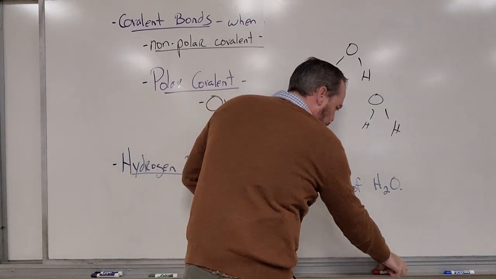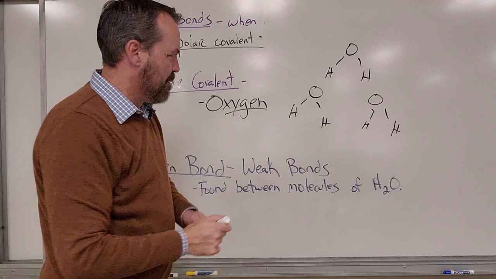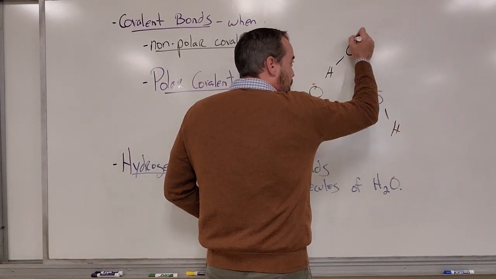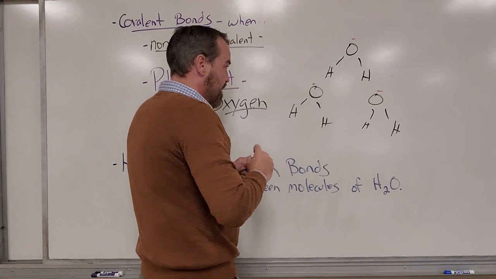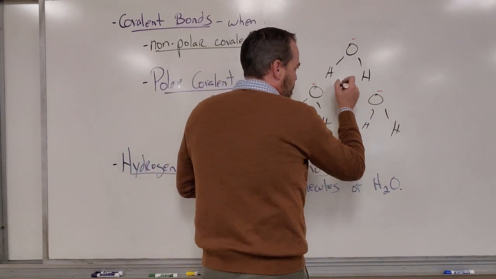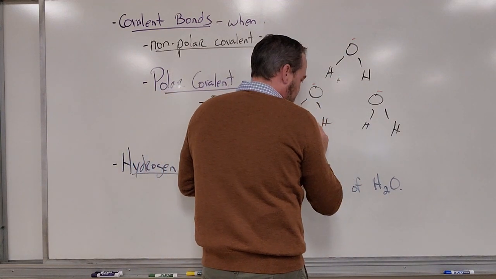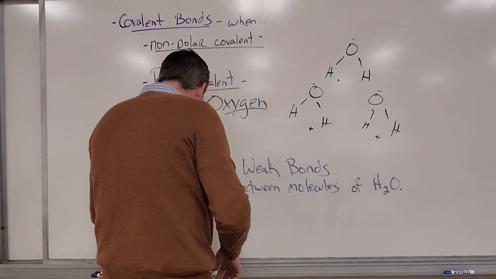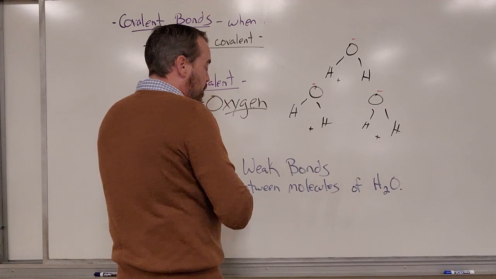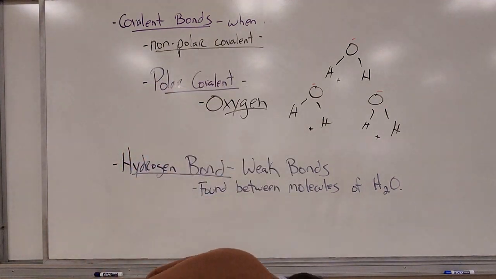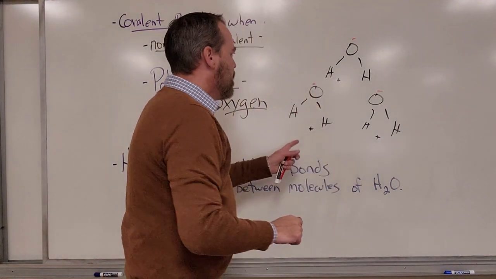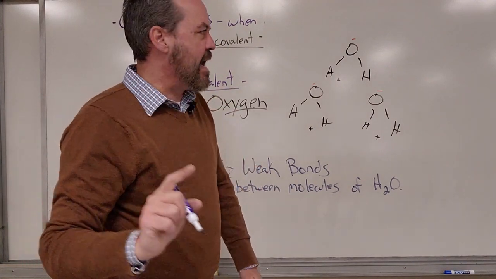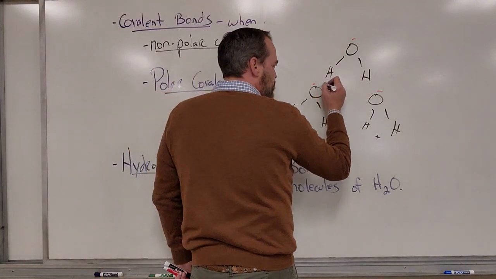Now we just said when we were forming our polar covalent bonds that the oxygen side of a water molecule is slightly negative. The hydrogen side of a water molecule is slightly positive. And that is where we form our hydrogen bonds in between entire molecules of water.